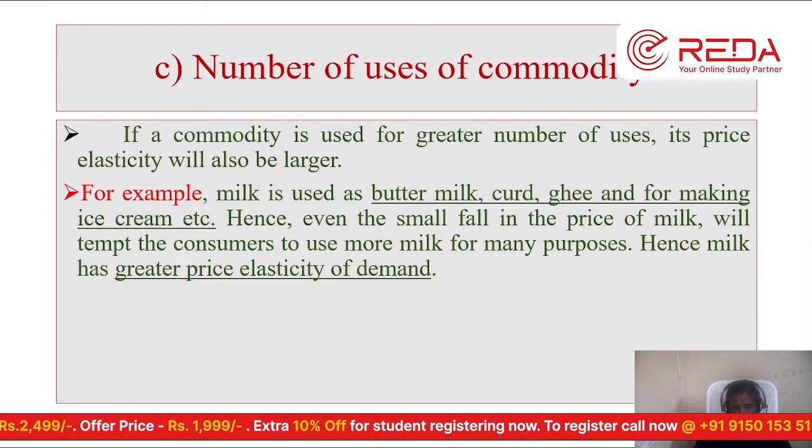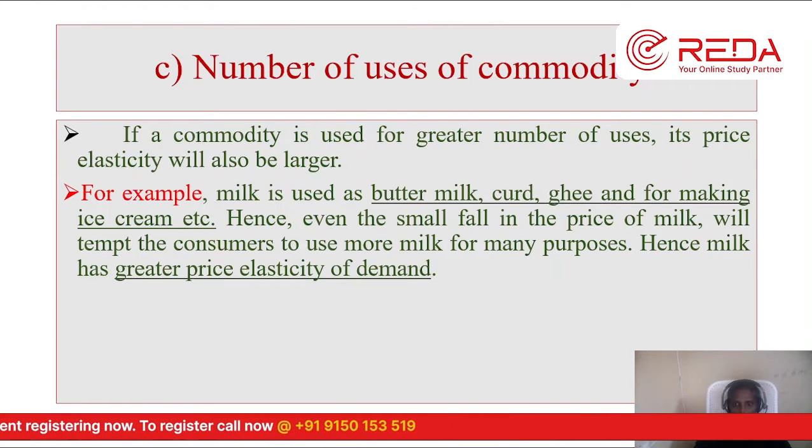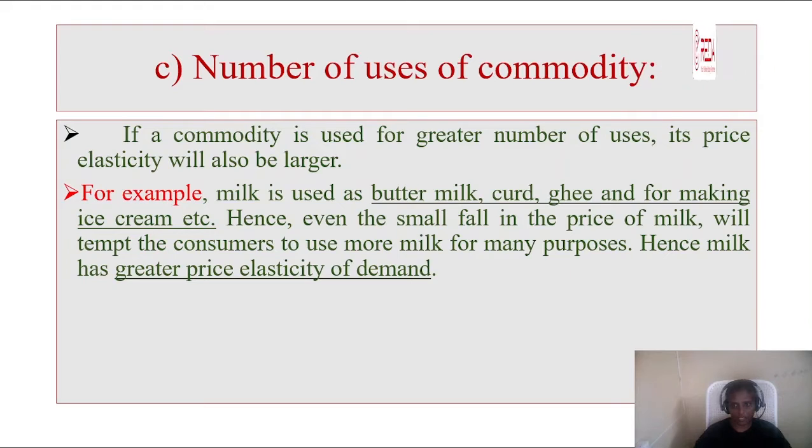Okay, so the number of uses of the commodity also affects the demand for the commodity, and at the same time the price also matters. Not only milk, take the basic commodities which we use in our daily life, like vegetables. If the price of tomato is less, we purchase more kgs of tomato, and normally we cook it for daily use.